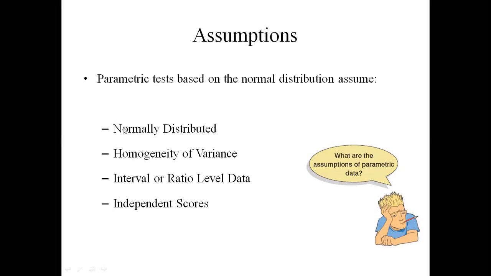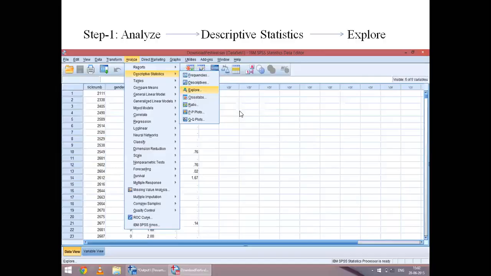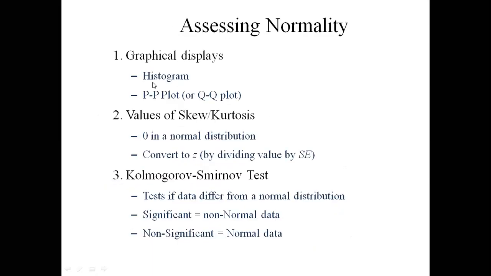Now, normally distributed. So there are two things we should check, we should estimate. One is normality and second homogeneity. How to assess normality? I told you there are three ways. One is graphical display. Through graphical display we mean histogram, or PP plot, or probability plot, or QQ, meaning quantile plot.